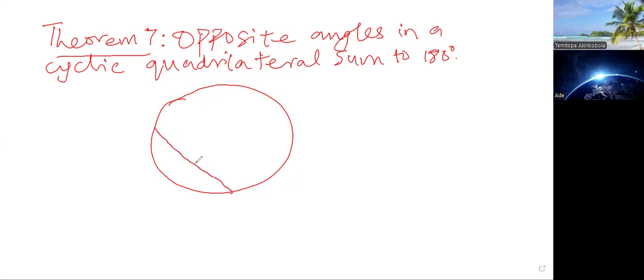So if I may ask you, what is a quadrilateral? A shape with 4 sides. God bless you. A shape with 4 sides. That's good. So you have this inscribed in that circle.